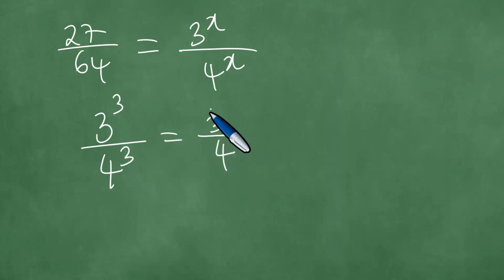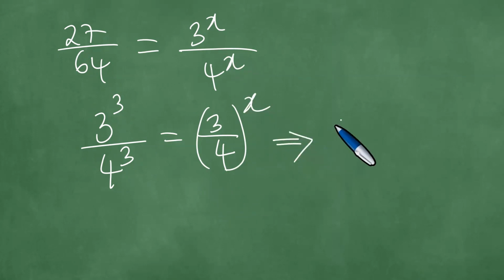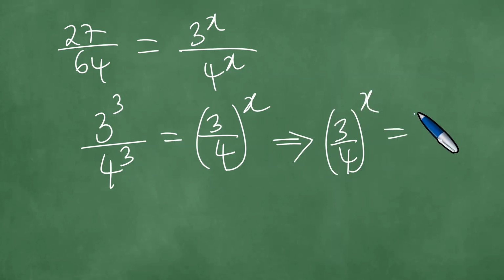This is 3 over 4. If the powers are the same here, you take one common power, like this. 3 over 4 to the power x. 3 over 4.